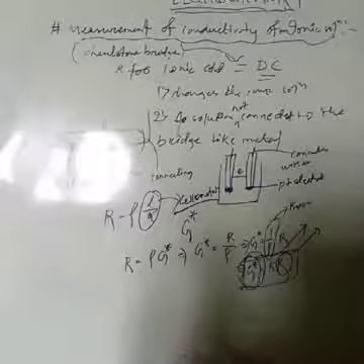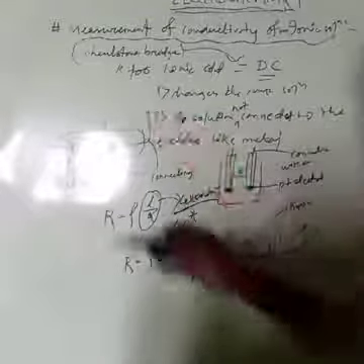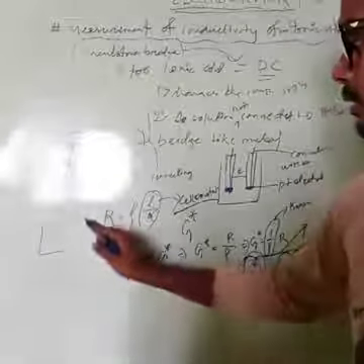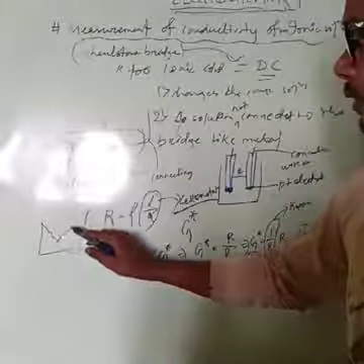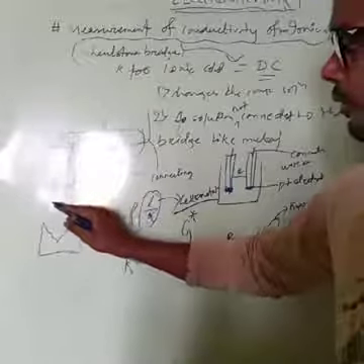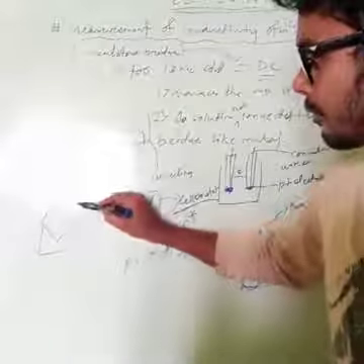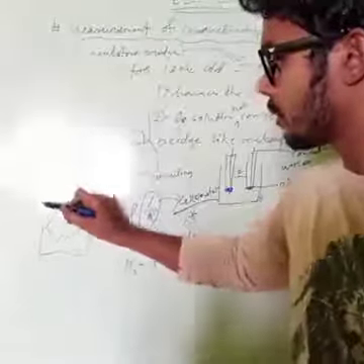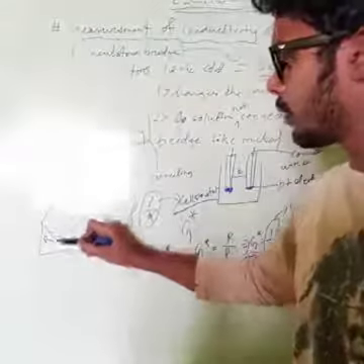Variable resistance you can take. And for that, a diagram is given in the book showing how to calculate variable resistance. Suppose this one is R1, R2, R3, R4.